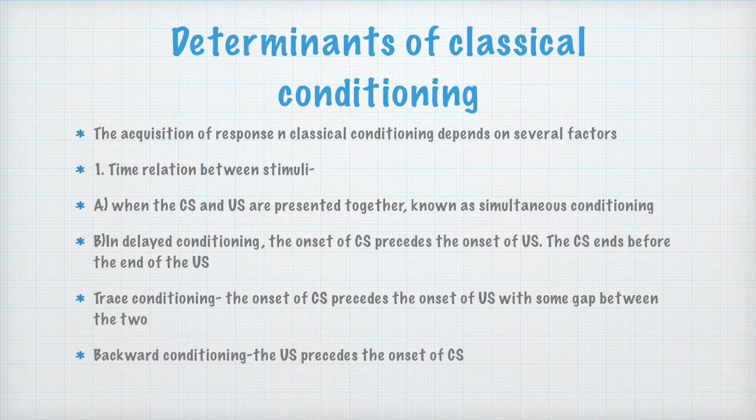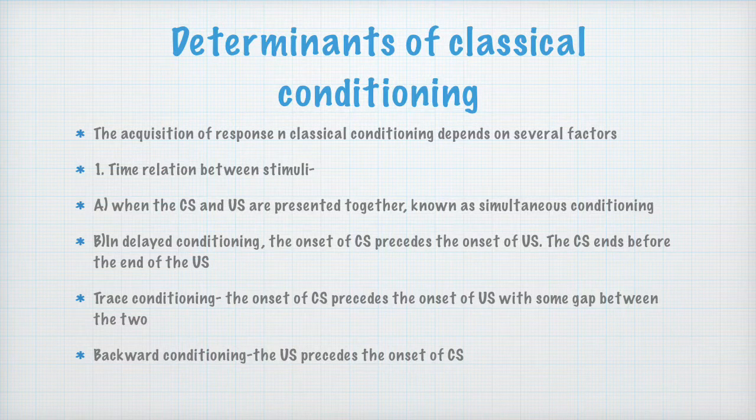You are presented with the pizza and you get the aroma of the pizza, and it is happening simultaneously. The food is in front of you, and you are also getting the aroma of the food. That's why it is known as simultaneous conditioning.